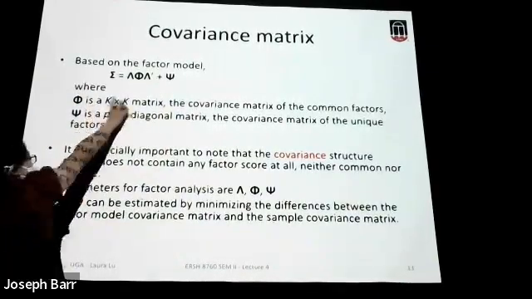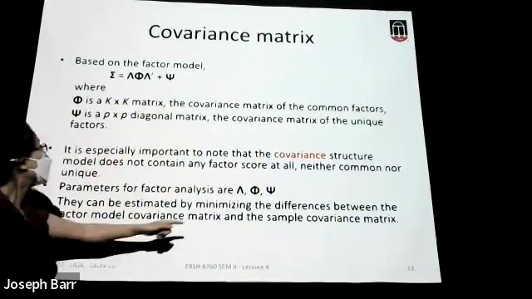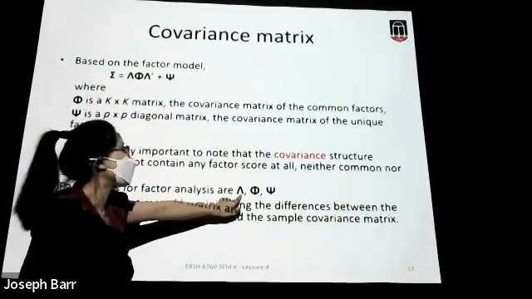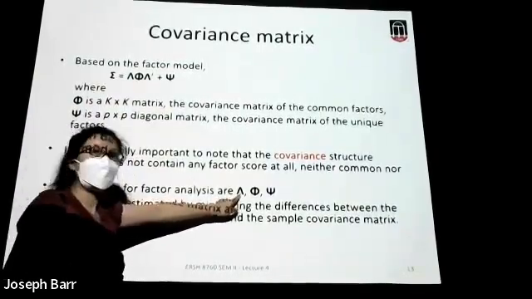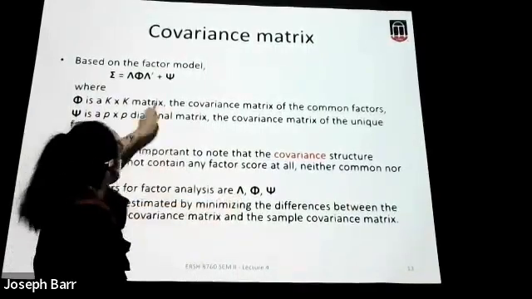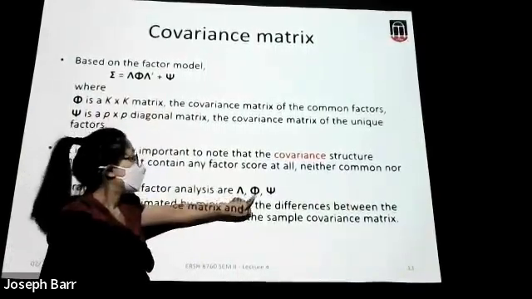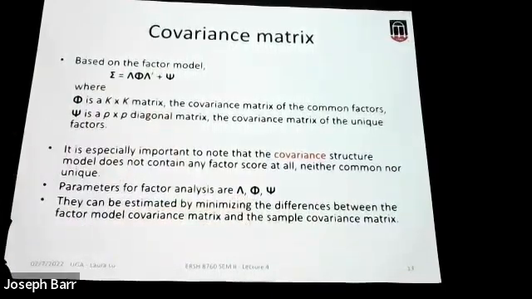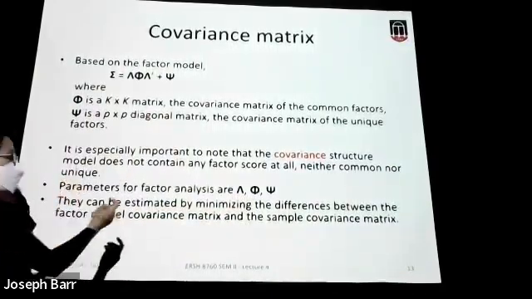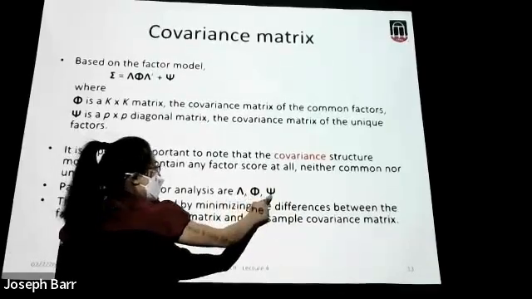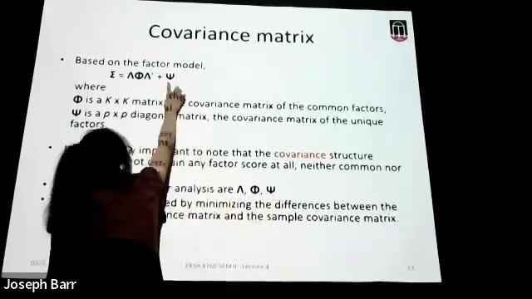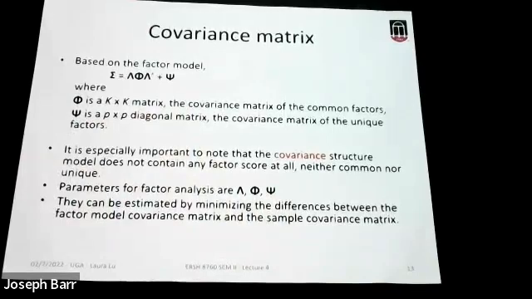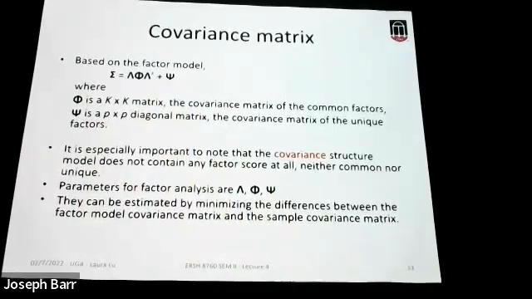In this case, the parameters are lambda, all the factor loadings, which we should obtain. Phi, the elements of the covariance matrix of the common factors, and psi, the covariance matrix of the unique factors. All of these are unknown parameters, okay?